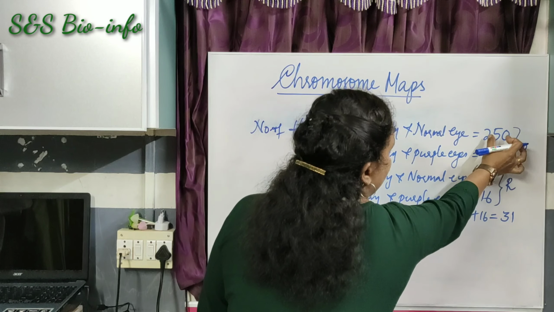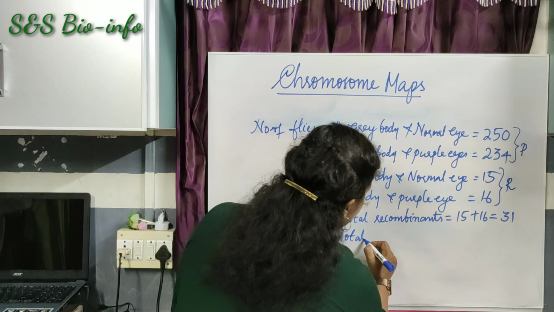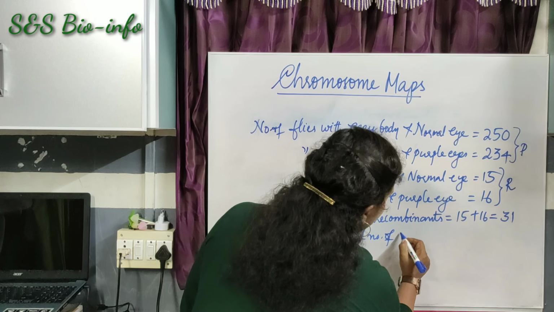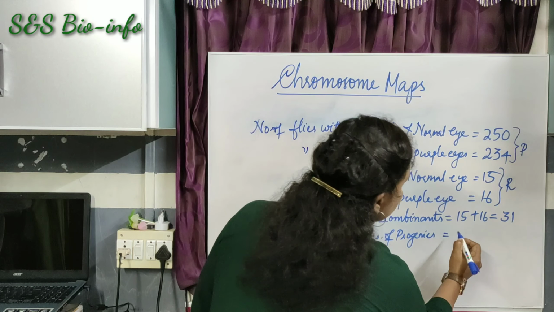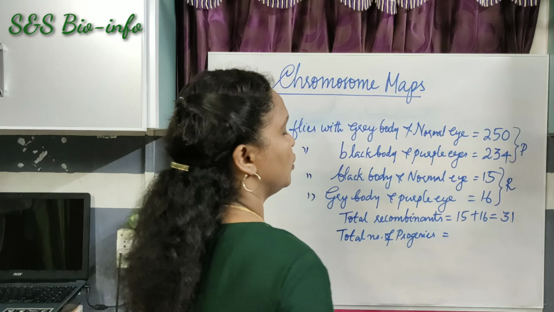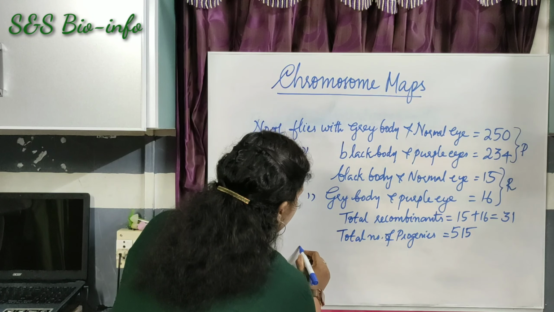So we have to add these four. Total number of progenies: 250 plus 234 plus 15 plus 16 is equal to 515.